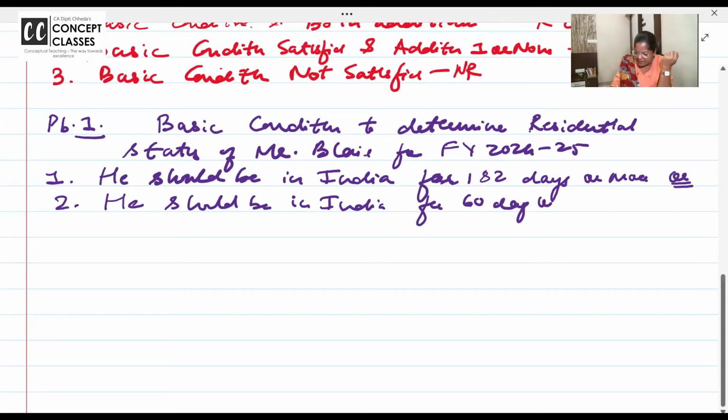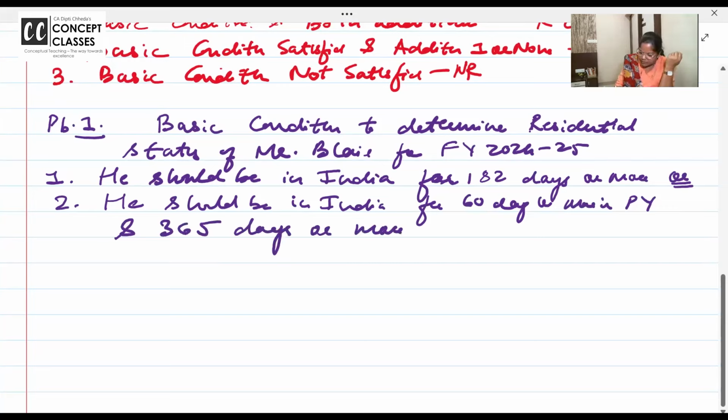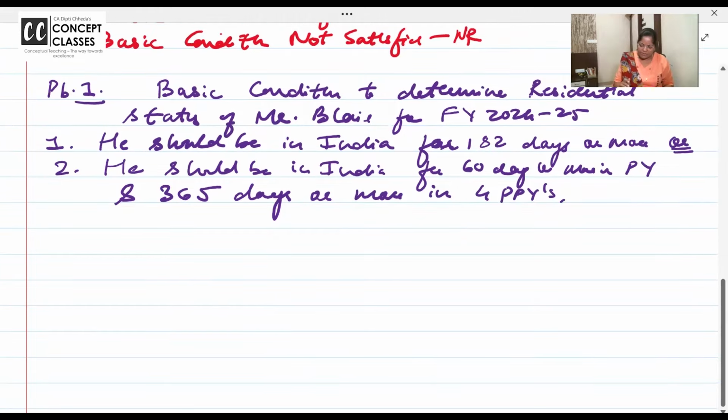Or likhna hai beta. 60 days or more in the previous year and 365 days or more in 4 PPYs preceding previous year. You write this much, you get 2 marks irrespective. Ma'am, Mr. Blair non-resident था, मैंने गलती से resident लिखा. Even if your answer goes wrong, if you have written this, you will surely get 2 marks for steps.